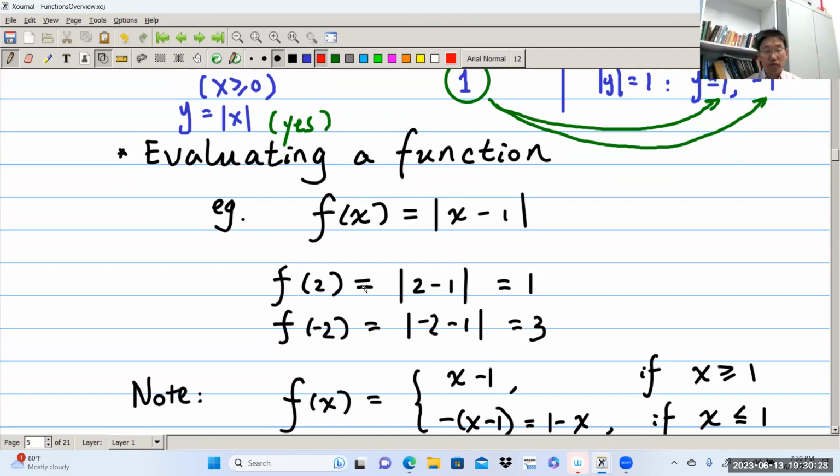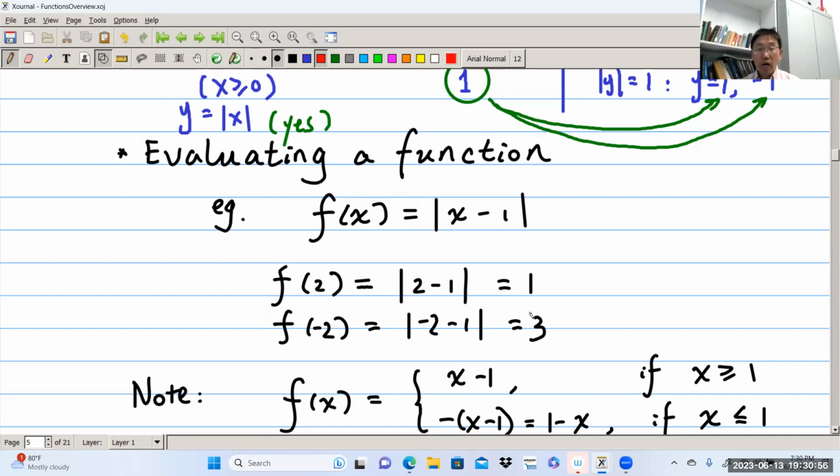Then you find f of 2 is equal to the absolute value of 2 minus 1, and you get the absolute value of 1, which is 1, right? Just one value. And how about f of negative 2? If you plug in negative 2, you have the absolute value of negative 2 minus 1, which is the absolute value of negative 3, which is again positive 3, one value. So this is the evaluation of this function.